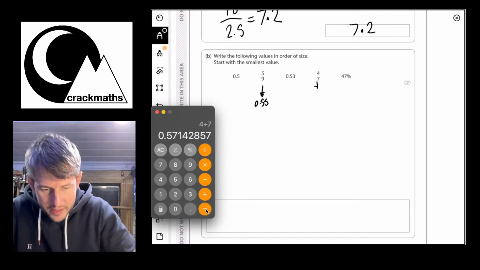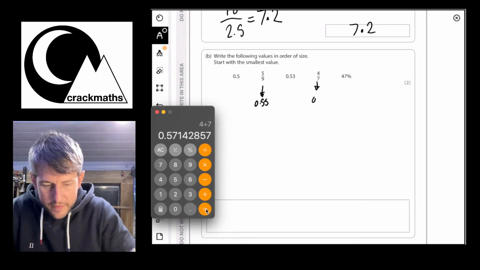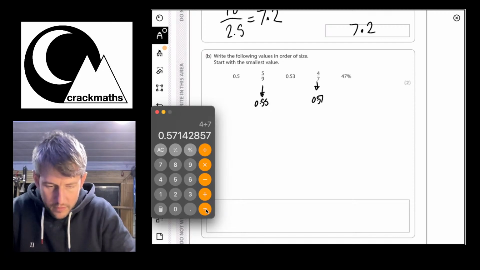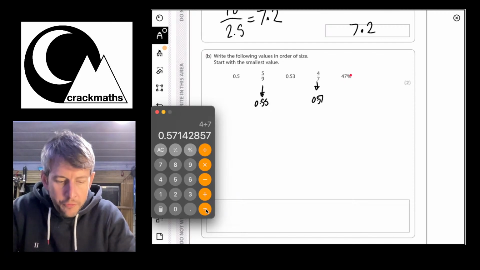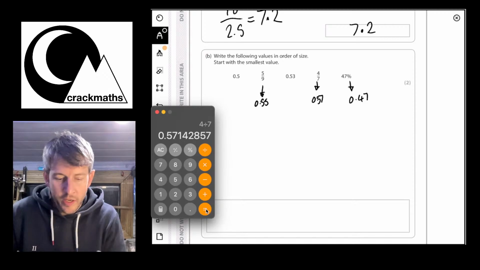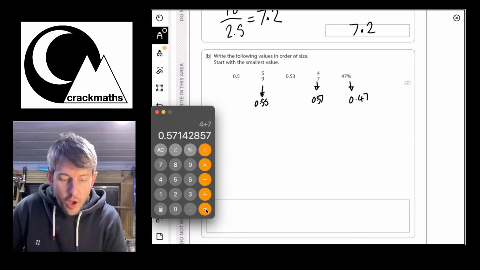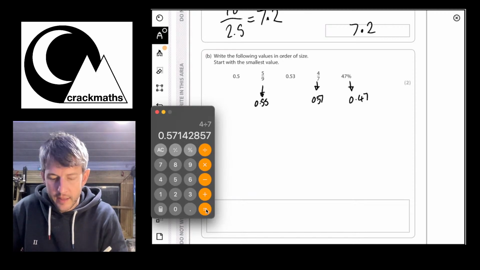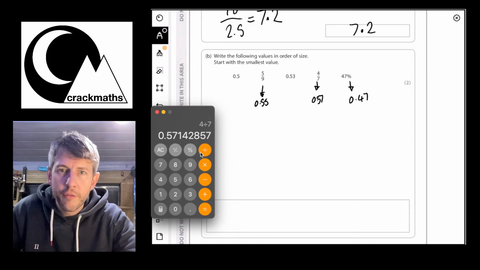Okay, 4 divided by 7 is 0.57. 47% is 0.47. So now I can start to look at which one of these is the smallest. I can see that the smallest one is the 47%.